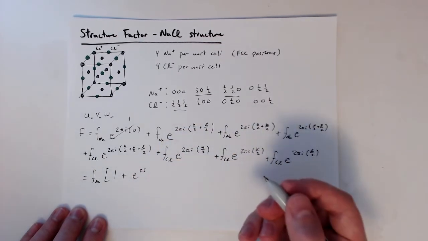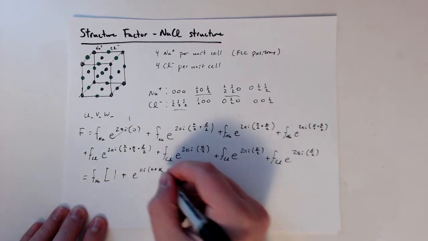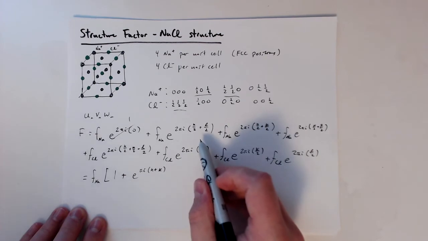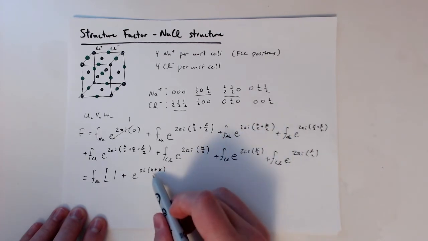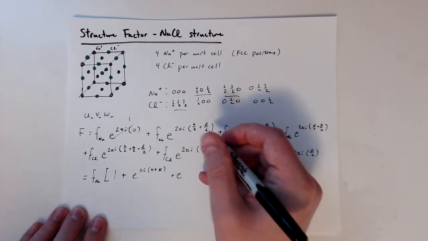So I've got pi i times h plus k. And I've rearranged them here, but I'm going to have this, and then I'm going to have the h and l term.